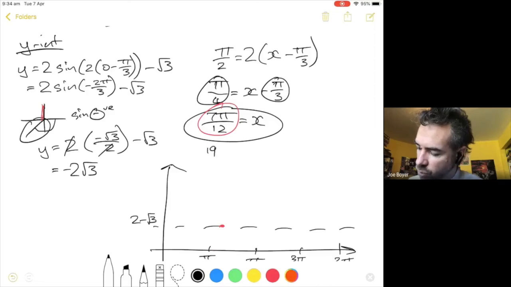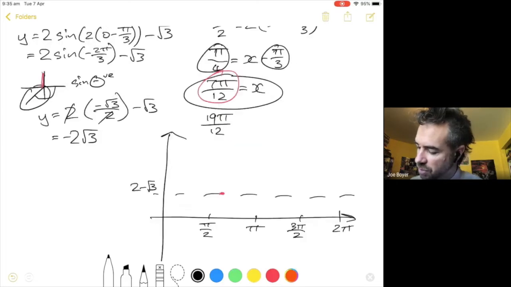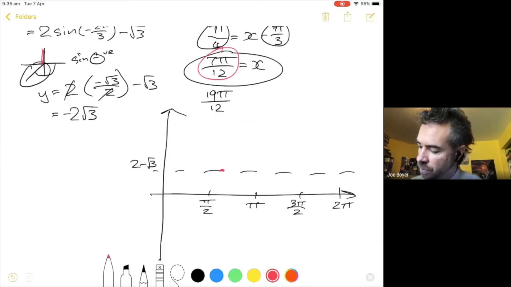So I'm adding 12 pi on 12 onto that. That's where my next maximum is going to be, 19 pi on 12. Or we can also think of it as, I know that this distance here is pi. That's my period. And so I'm going to add roughly the same distance there onto that.